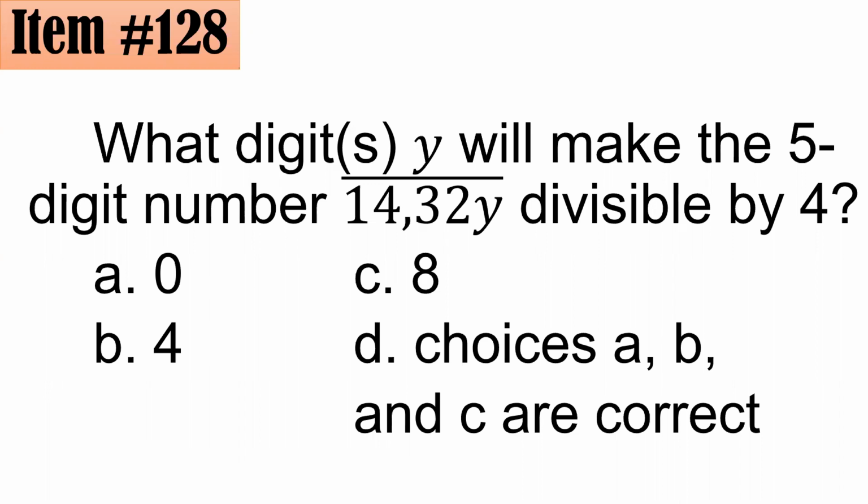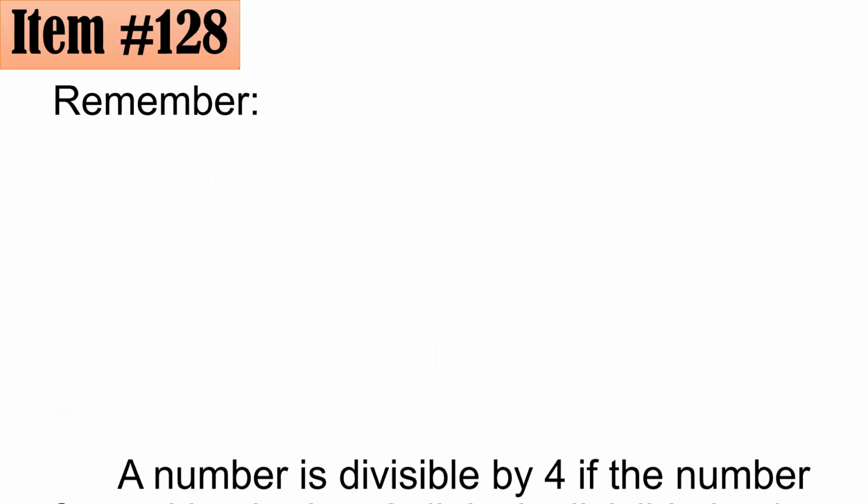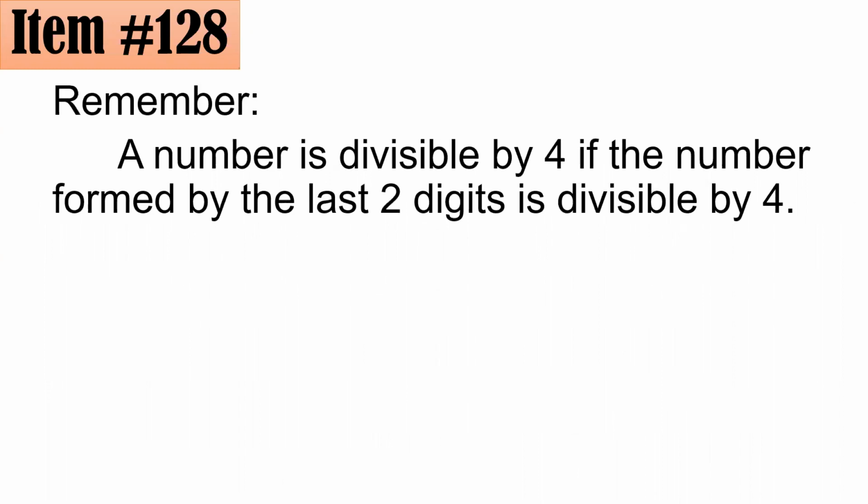I hope you could still remember the divisibility rule by 4. That is, tandaan po natin, a number is divisible by 4 if the number formed by the last 2 digits is divisible by 4.